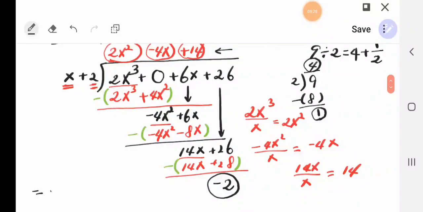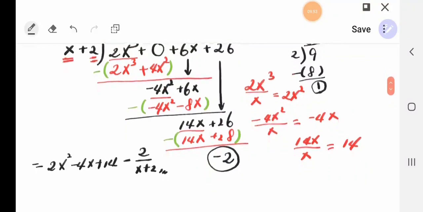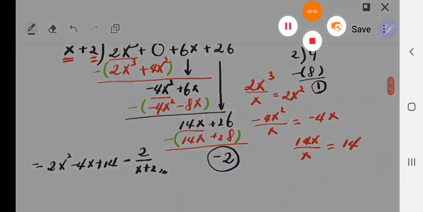The answer will be 2x squared minus 4x plus 14, and the remainder is negative 2. So you can write it as negative 2 over the divisor, which is x plus 2. So that's the result.